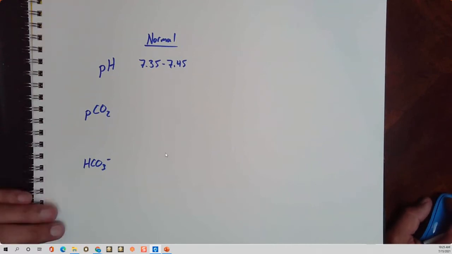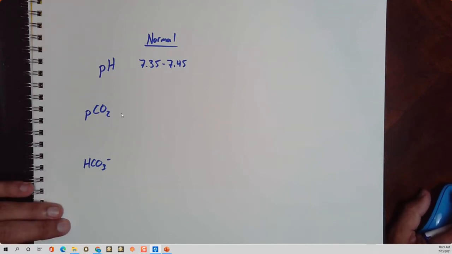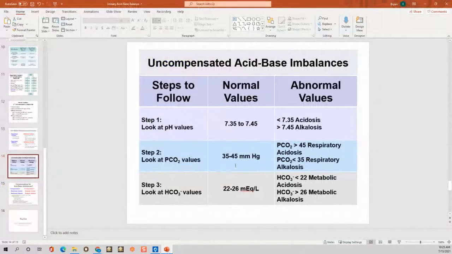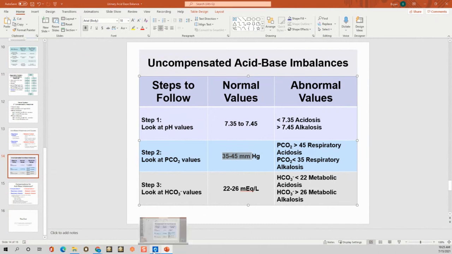That's atmospheric, but we're actually talking about partial pressure of carbon dioxide in the blood. Remember, we just drew this patient's blood. Ah, now we're starting to get somewhere. We're talking about millimeters of mercury. The number I taught you guys was 40, but there's a range because the body's not always at an average. The range for the normal values of partial pressure of carbon dioxide is 35 to 45 millimeters of mercury.